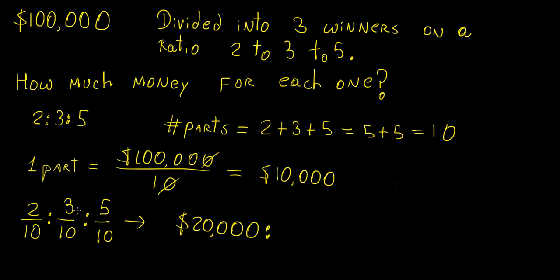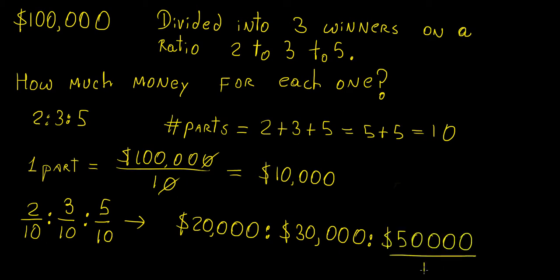Then the second person is going to get 3 parts out of 10, which is going to be 30,000. And then the third person is going to get 5 parts out of 10, which is going to be 50,000.